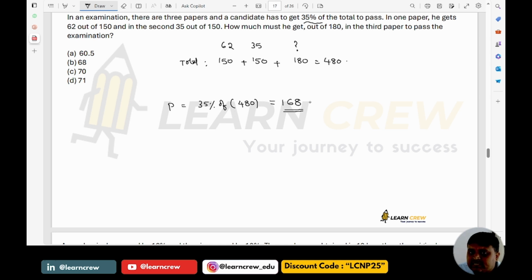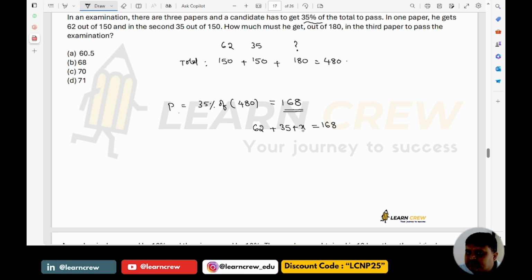But this pass, so he is scoring how much? 62 in the first paper, and in the second paper, 35. Third paper marks you need, this total is 168. Okay, in the third paper, to pass the examination, he has to score 168. First two papers 62 and 35.